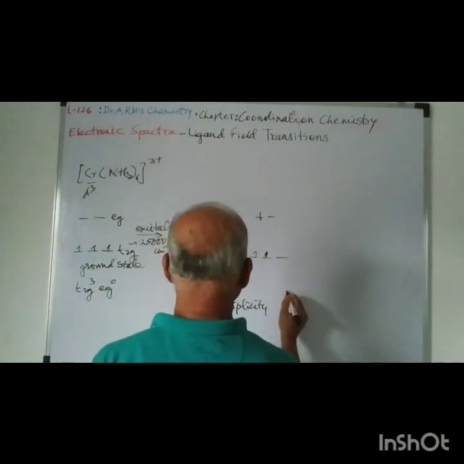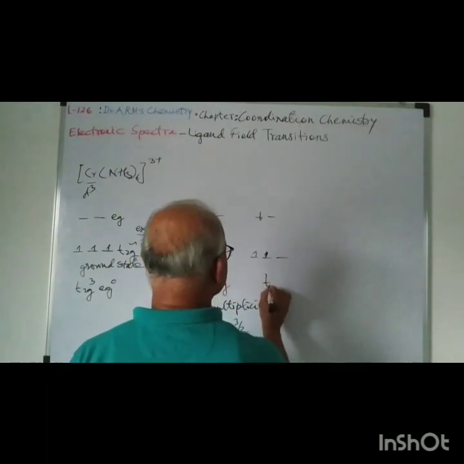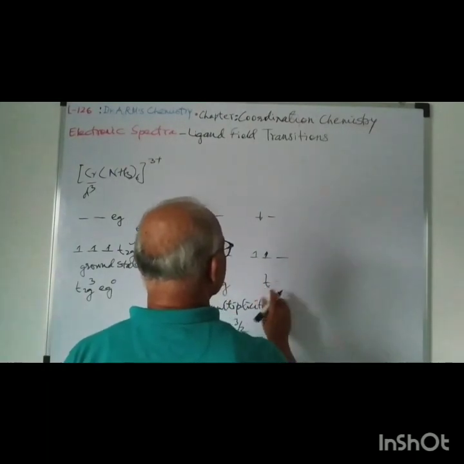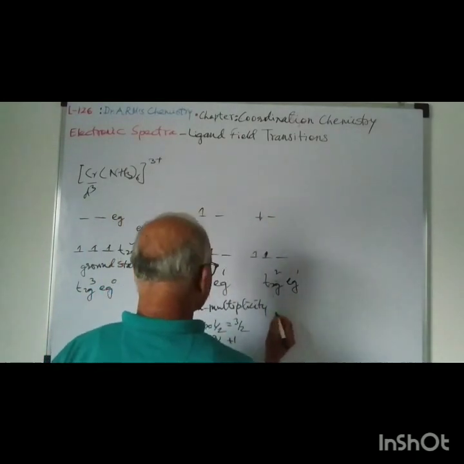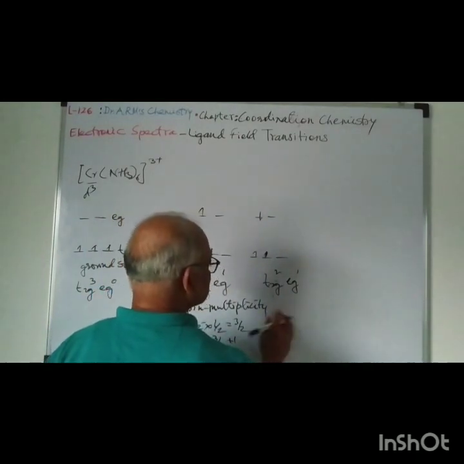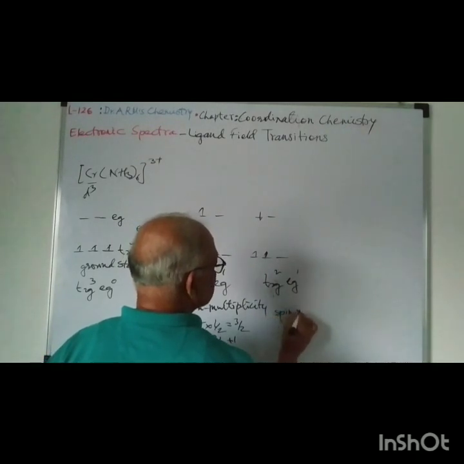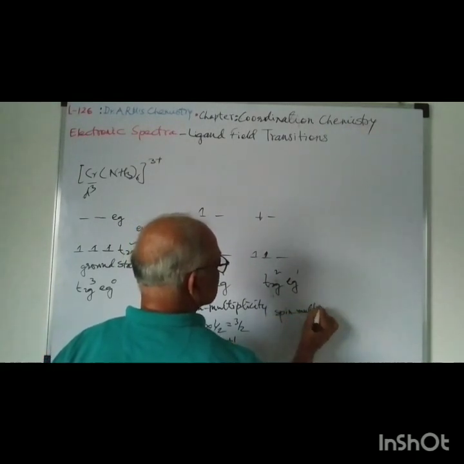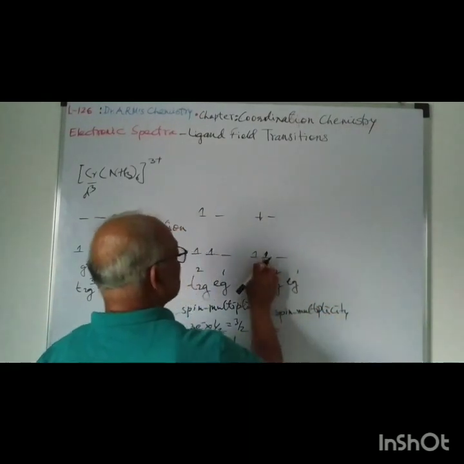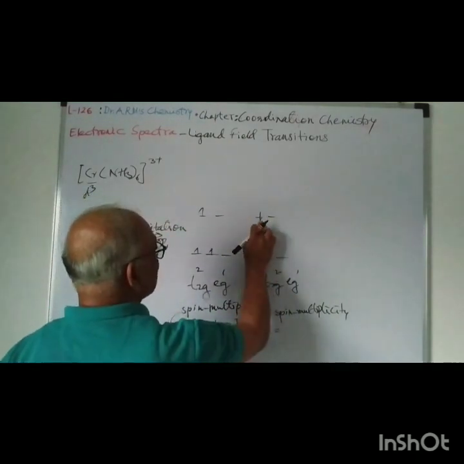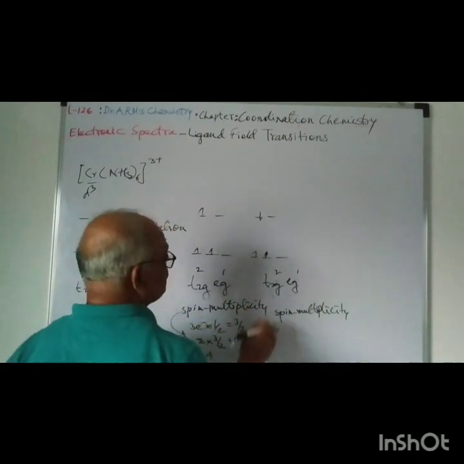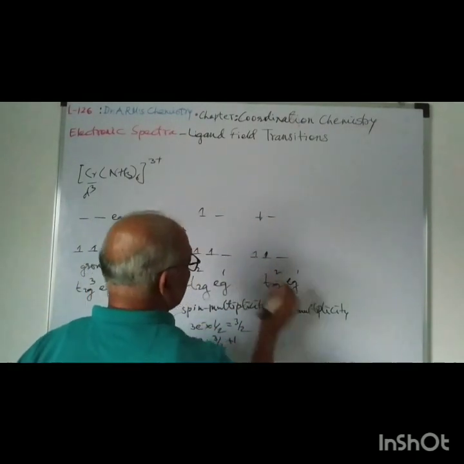The configuration is the same, that is t2g2 eg1, but the spin state is different, so the spin multiplicity is changing. The total spin is 1, with a minus 1/2 again, so the net spin here is 1.